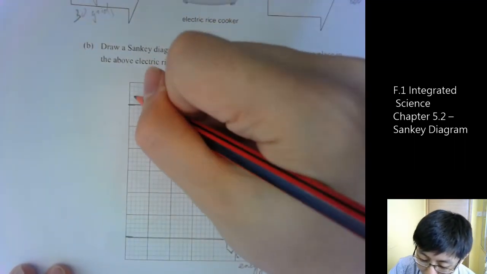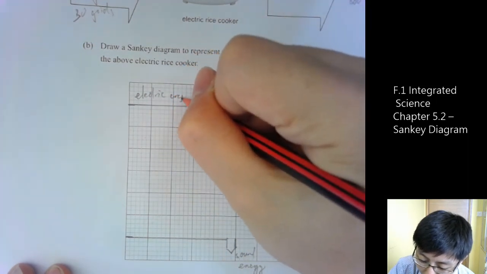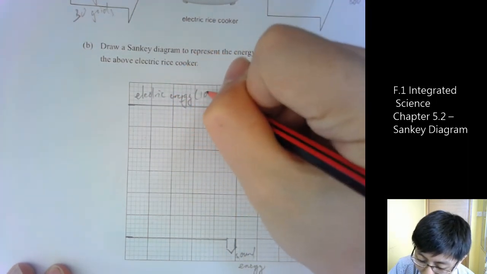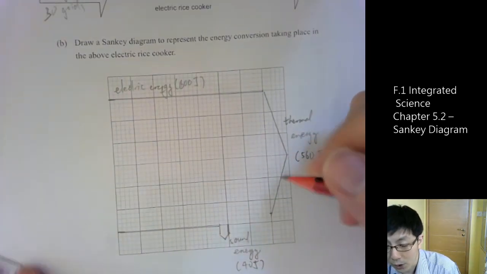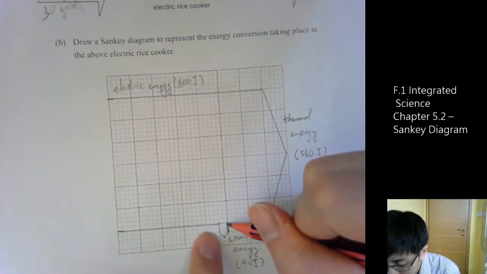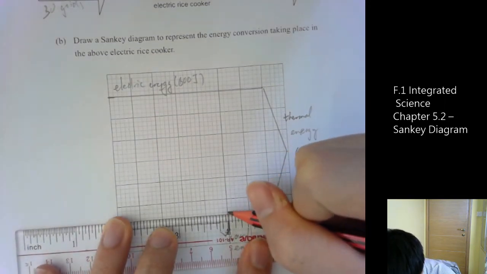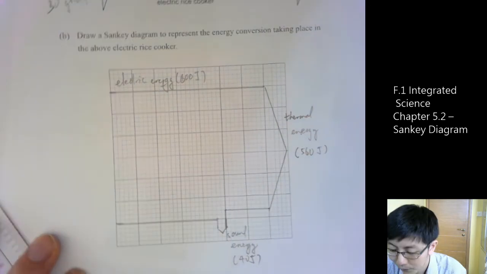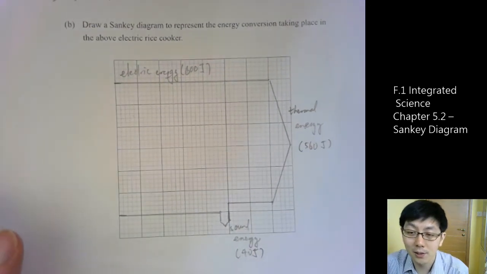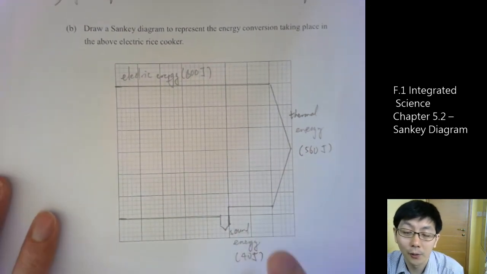Alright, I forgot to label electrical energy, 600 joule, on this side. Finally, we connect the arrows together. This part, 2 grids of them are lost, so the arrow here will only have 28 grids. Okay, that's all. This is the Sankey diagram of this case.